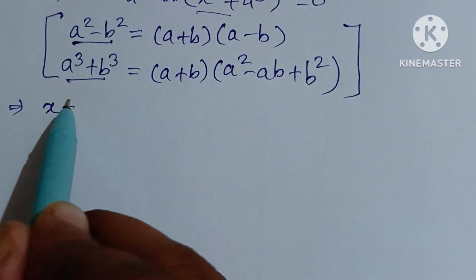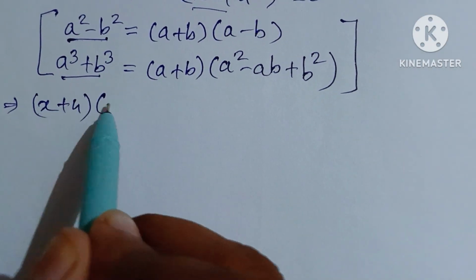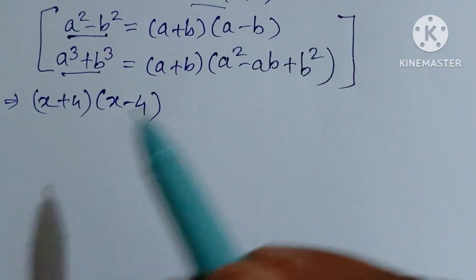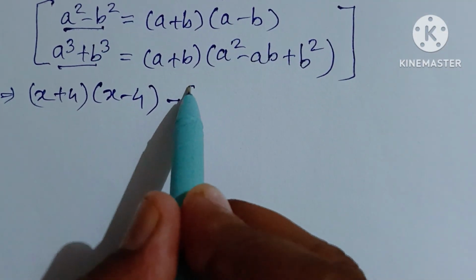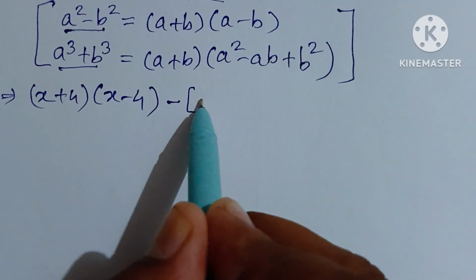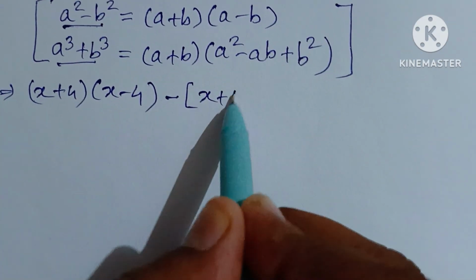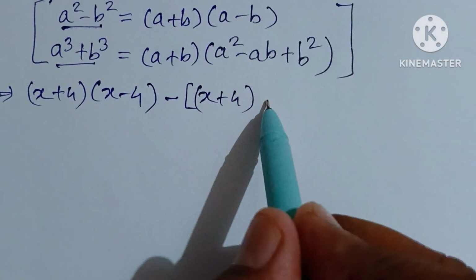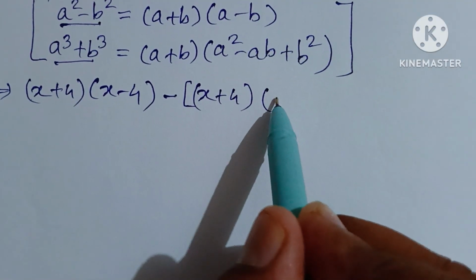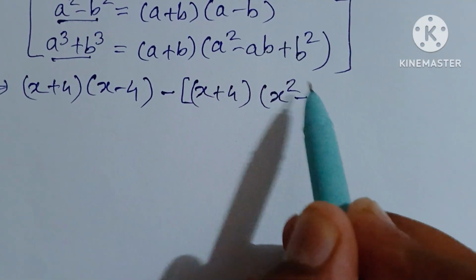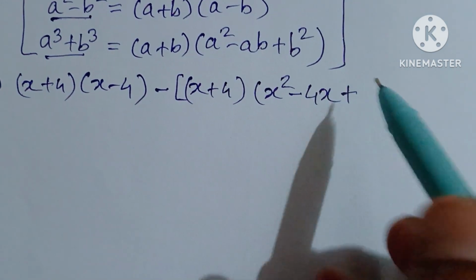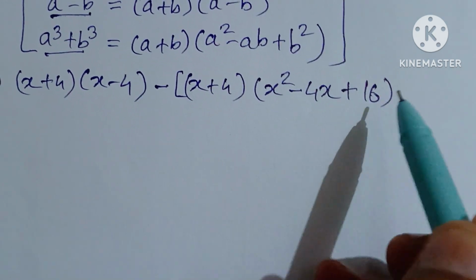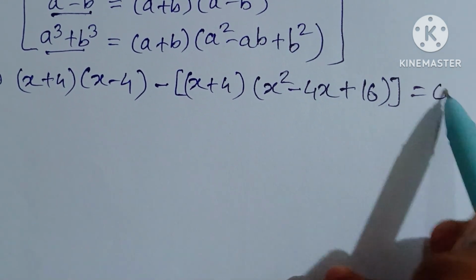So let's start. x plus 4 in one bracket, x minus 4 in another bracket. Then we take the minus sign and write x plus 4 in one bracket, and in the other bracket x square minus ab, meaning minus 4x, plus b square, meaning 16, equal to 0.